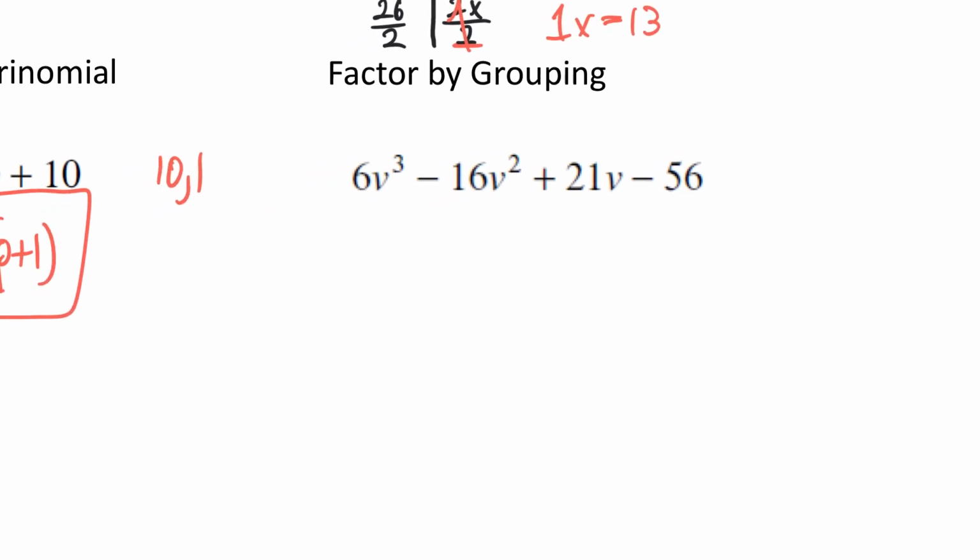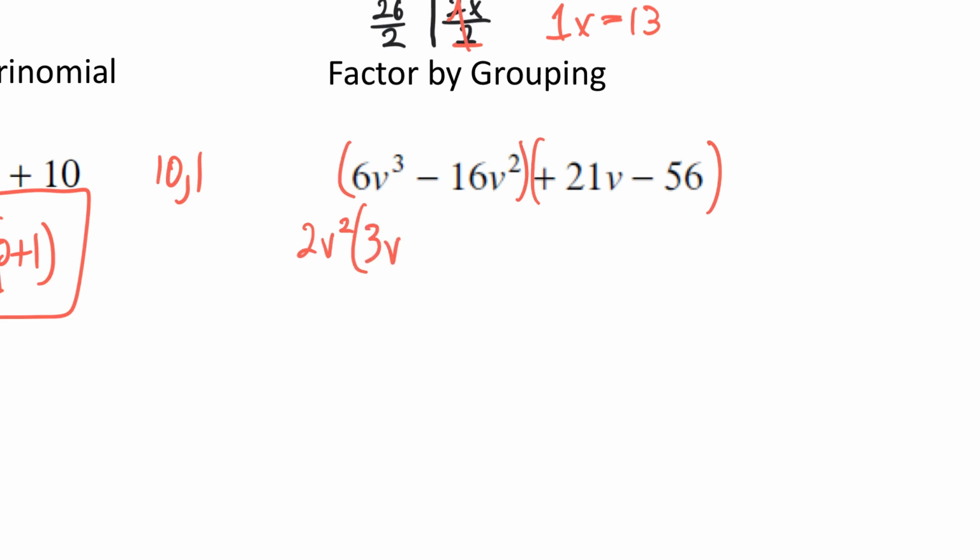Okay, on this last one, factoring by grouping. All right, so we're going to group these up. So what can I pull out of that first group? Okay, I can pull out a 2v squared. All right, so if I divide a 2v squared out of 6v cubed, what's going to be left?